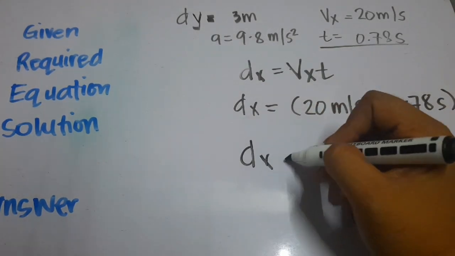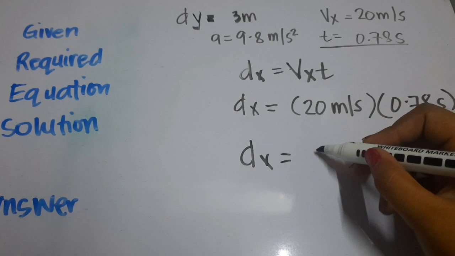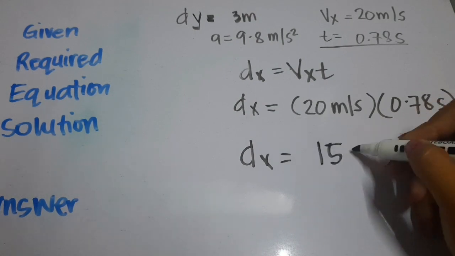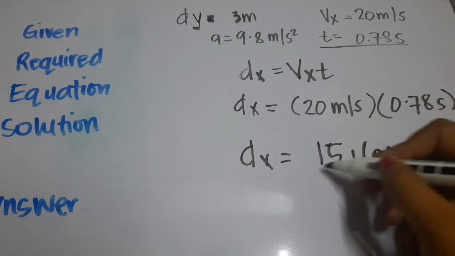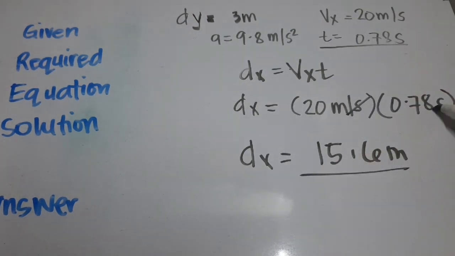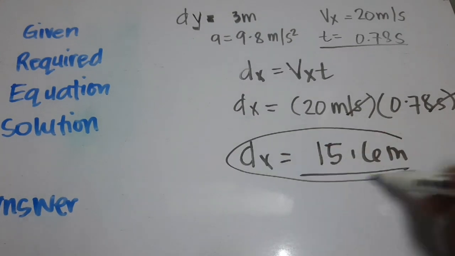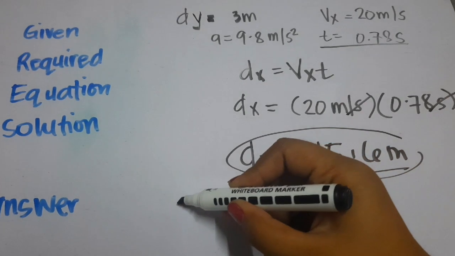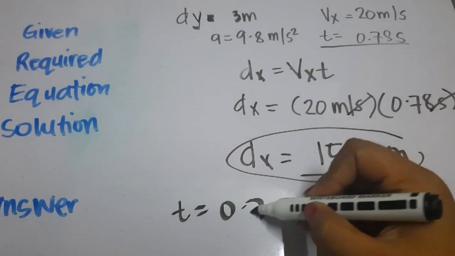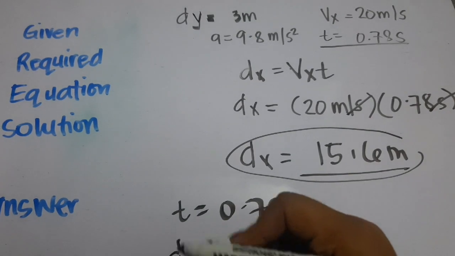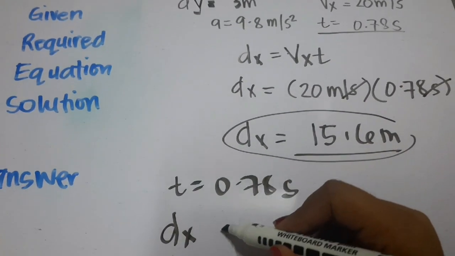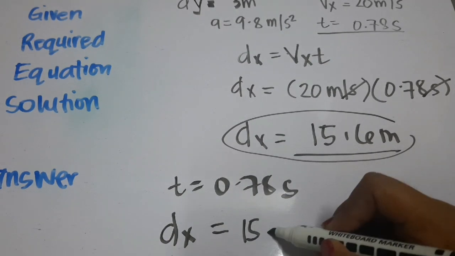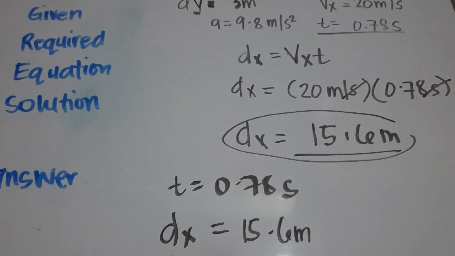So the distance will be 15.6 meter. So bakit meter na lang? We can cancel s. So the unit for distance is meter. Therefore, our answer is time is 0.78 seconds, and the distance in x-axis is 15.6 meter. Okay, so that is how we can solve for the projectile motion.